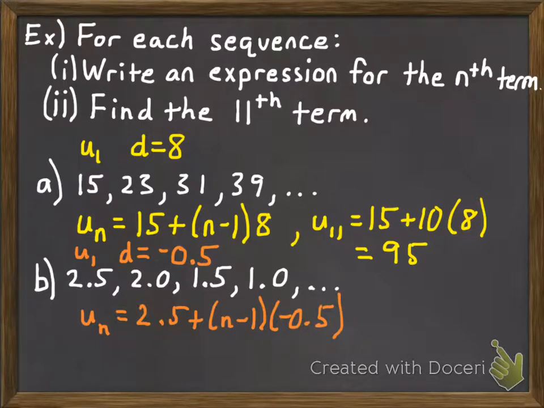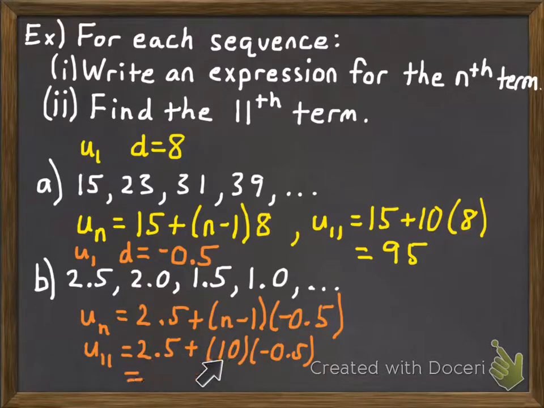Then let's find the 11th term if you haven't already. It would be equal to 2.5 plus 10 times negative 0.5, since for the 11th term you add the common difference 10 times. That's 2.5 plus negative 5 basically, which is going to give you negative 2.5. Pretty easy to write the general formula for an arithmetic sequence, isn't it?